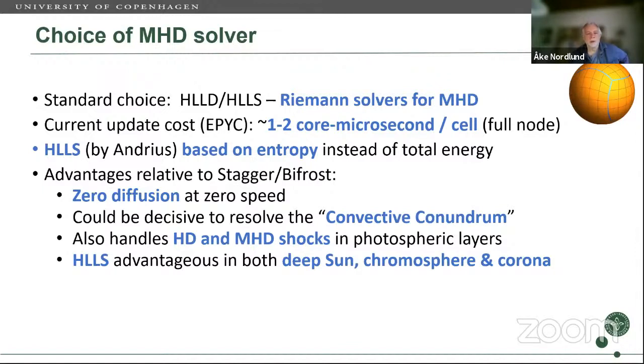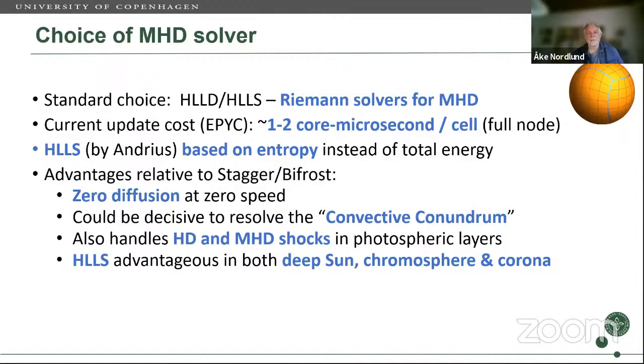But a much more important reason, actually, for using a reduced sound speed scheme is that most of these solvers that have been used in the past have a diffusivity which is proportional to sound speed. And because the flow speeds in the deep convection zone are highly subsonic, the numerical viscosity is always much larger than the real one.